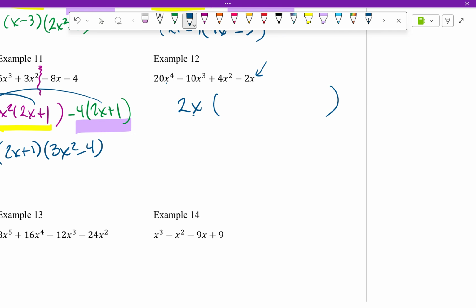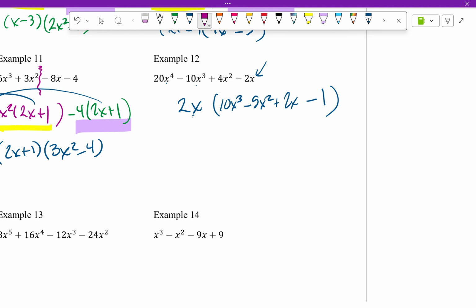Okay? Because remember, I'm looking at the whole thing, not the grouping part yet. Okay? All right. So, what was that? I'm sorry. 10x cubed. Good. All right. What times 2x is negative 10x cubed? Good. What times 2x is 4x squared? 2x. And what times 2x is negative 2x?